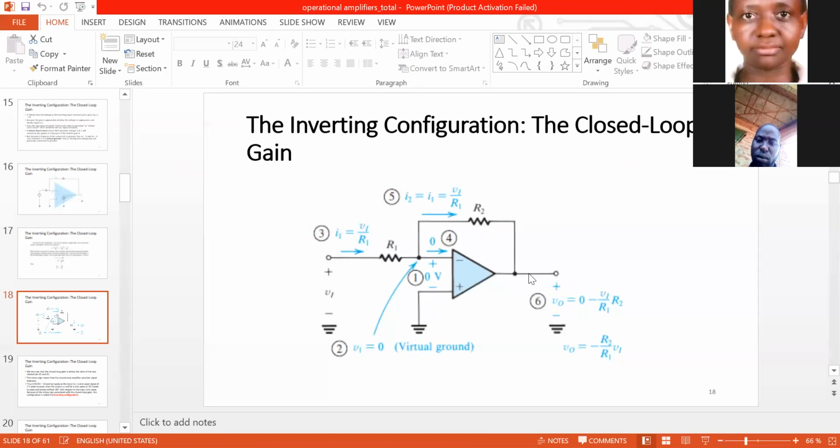So you can write a simple equation and say 0 minus V0 should be equal to I2 times R2. Write it out in your notes and see that you come up with equation 6.